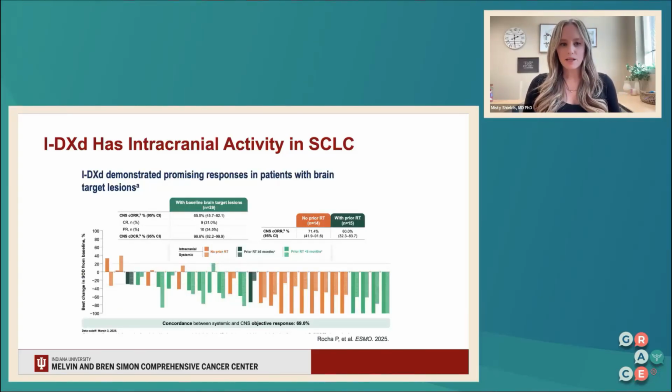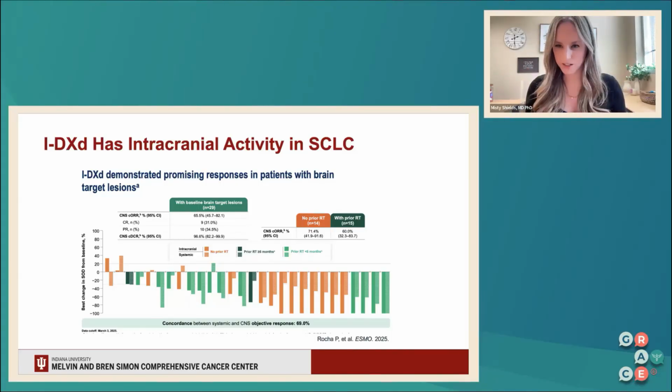You can see here, this is again looking at the concordance of patients who had response in the brain, but also response in the body. We see that systemic, meaning the body, and the CNS, meaning the brain, match up about 69% of the time. And really, I think that number could actually be higher, but so many of the patients had complete responses, meaning there's no evidence of tumor on the brain scan, where there may have been a little bit of tumor still on the scans on the body on the systemic side, maybe allowing for the concordance to not be 100%, but still having shrinkage.